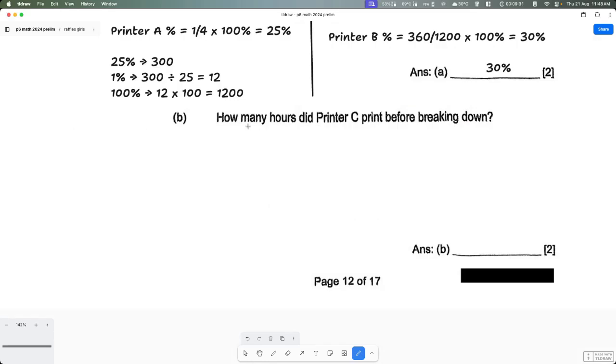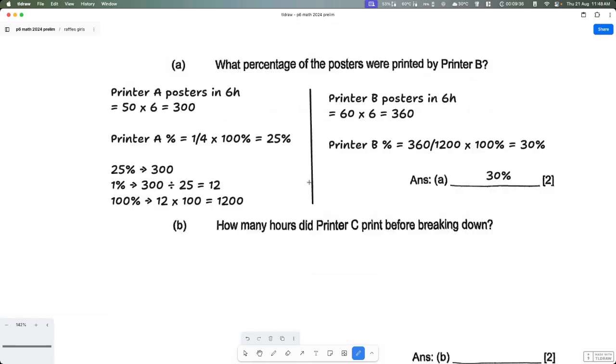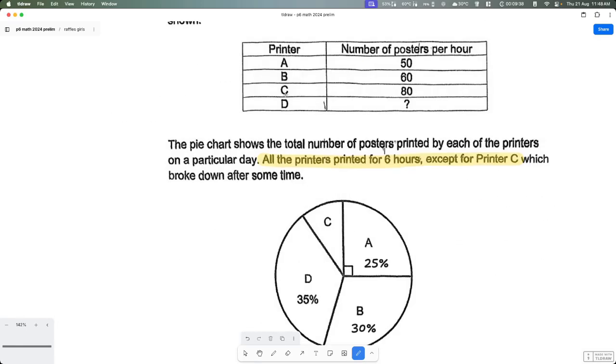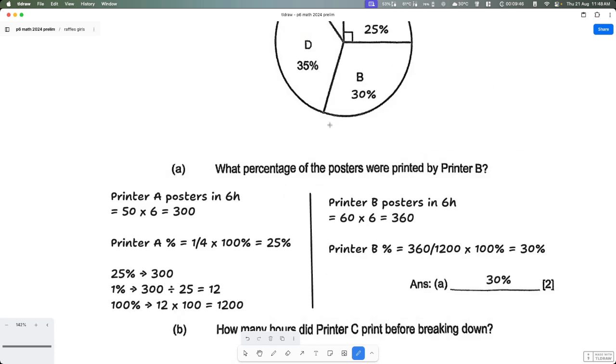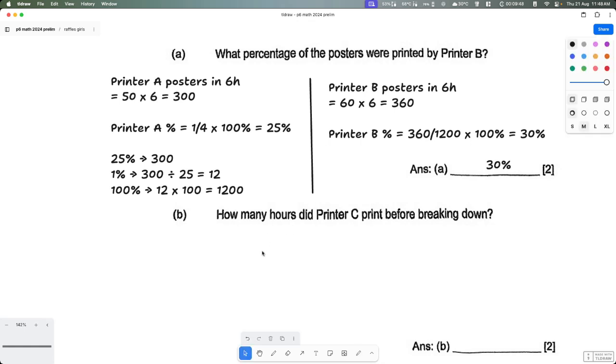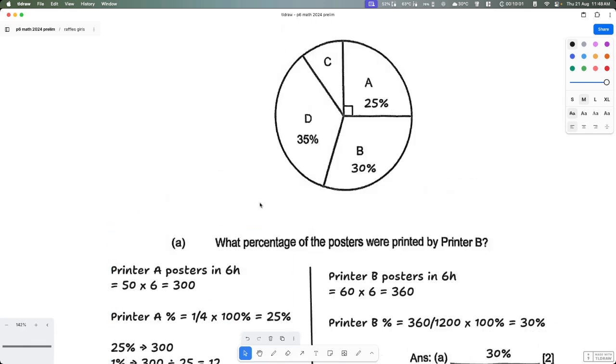All right, so part B: how many hours did printer C print before breaking down? We know printer C here is 80 per hour. So we want to get the percentage of printer C. Printer C's percentage is equal to 100 minus 25 minus 30 minus 35%.